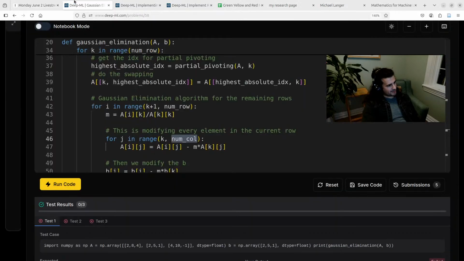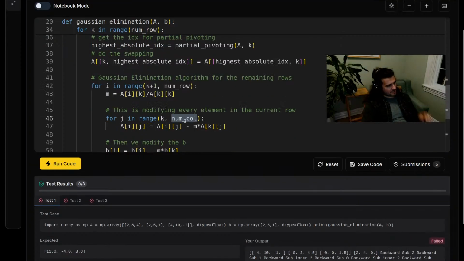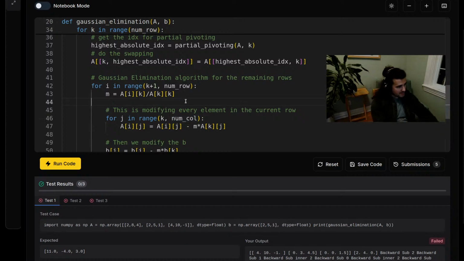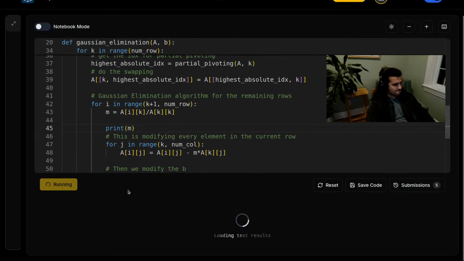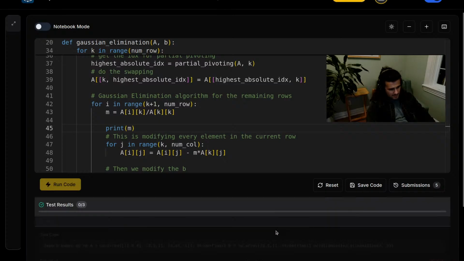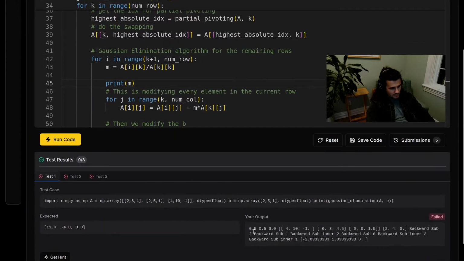What is going on? And then we're supposed to kill them off one by one. This is not supposed to be something outrageous here, right? These M's will not be absolutely crazy.